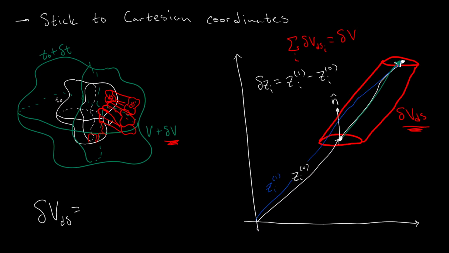Okay, so I want to take this delta z vector. I want to take only the piece of it which gives the height, which is the piece perpendicular to the original face, which I can find by dotting this delta z vector with the n hat vector, the normal vector.